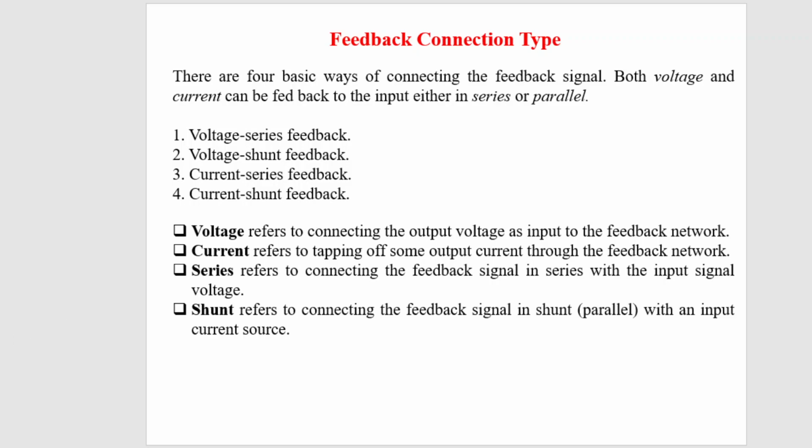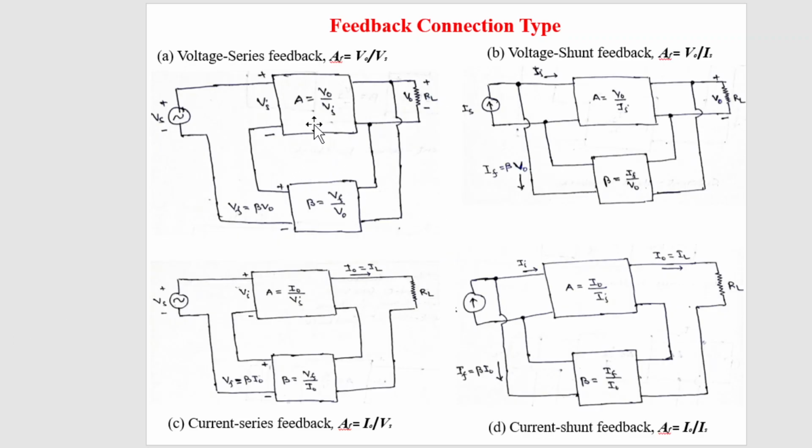Then I explained the different feedback connection types, and we wrote the important quantity, the gain with feedback, for each connection type. For voltage series feedback, the gain with feedback was Vo upon Vs. In voltage shunt, the gain was Vo upon Is.